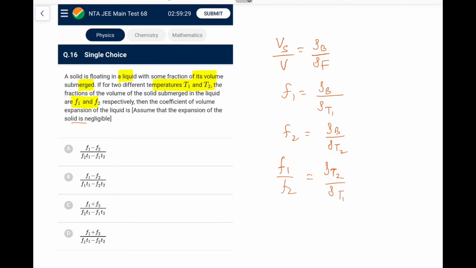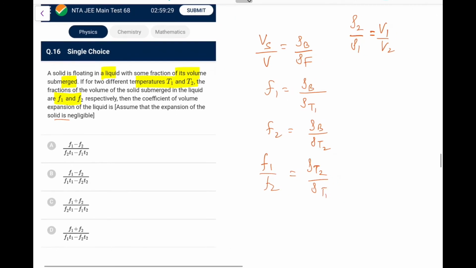So now the ratio of the densities at two temperatures, I can say rho 2 upon rho 1 is equal to V1 upon V2, and it can be written as 1 plus gamma T1 upon 1 plus gamma T2, taking V0 to be the reference one. That is what you can write here.